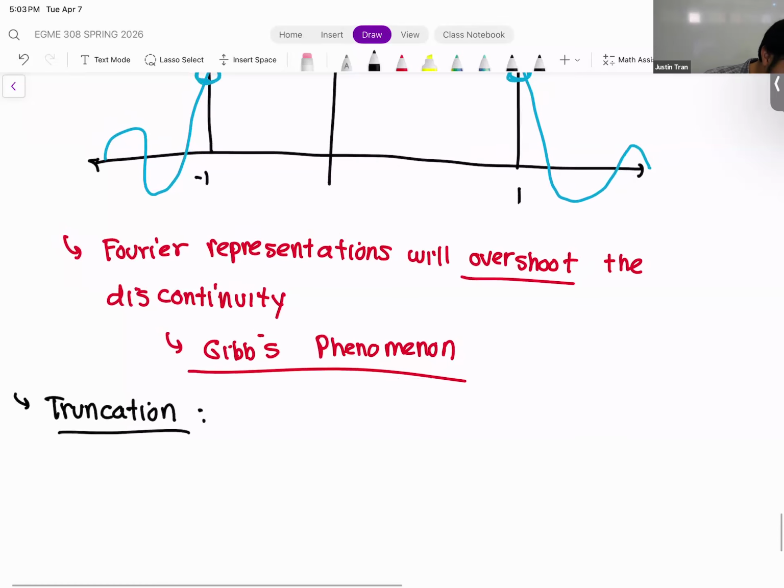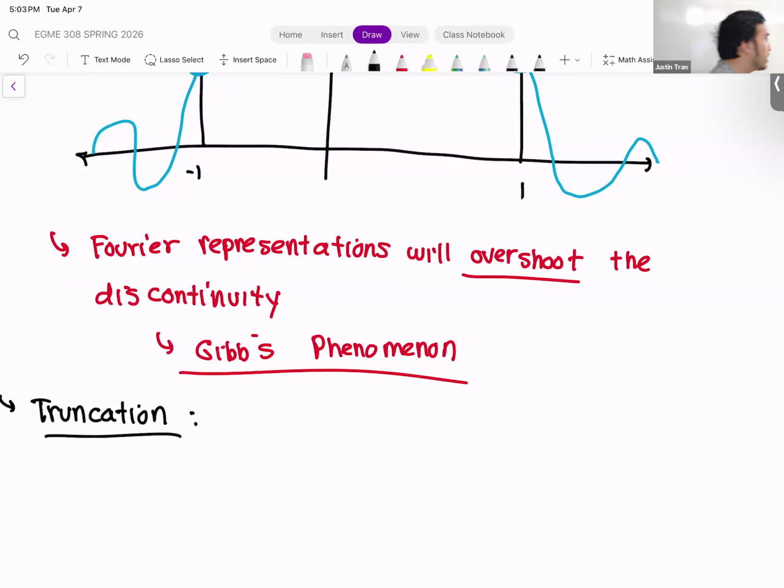Truncation is the idea that, in reality, we can't take an infinite summation of Fourier terms. We have to cut it off at some point. But the more terms that we include in our Fourier series expansion, the more accurate our representation is going to be, and that idea extends to the Fourier integral as well.